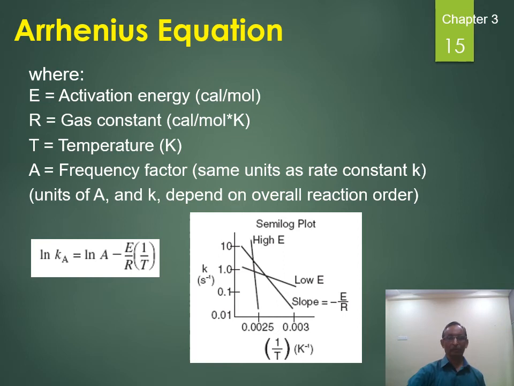Your slope is minus E by R. That's why your slope is minus E by R, not only E by R. Take care of this minus sign, you are going to forget it, because you are comparing with y equals mx plus c. So from that slope you identify the activation energy by substituting the value of the gas constant in the respective unit.